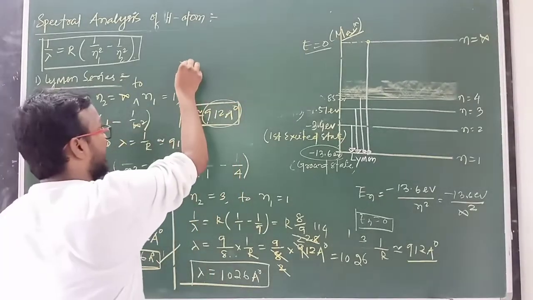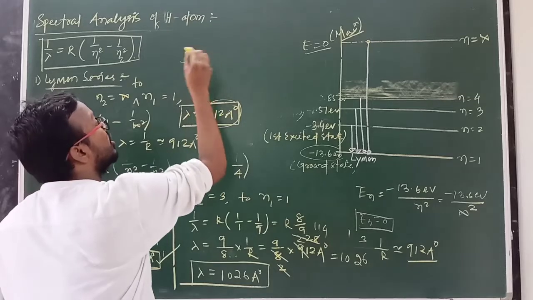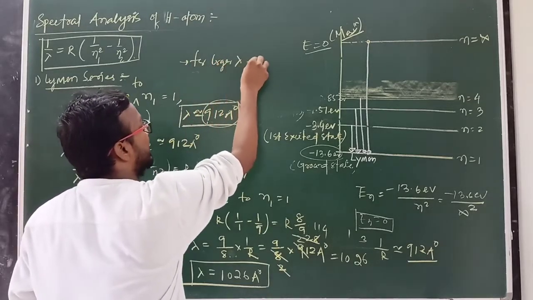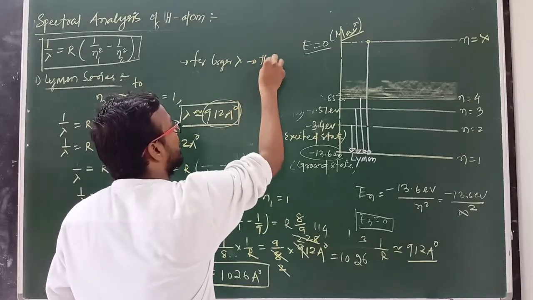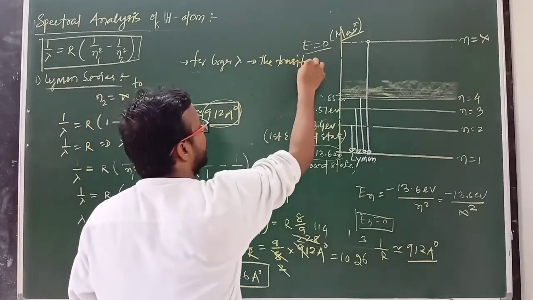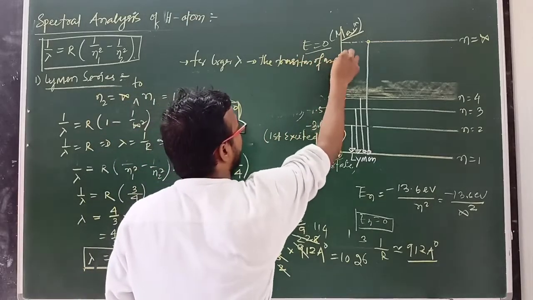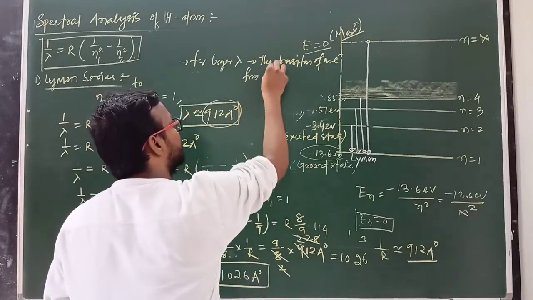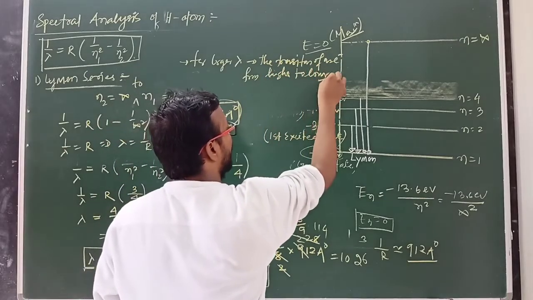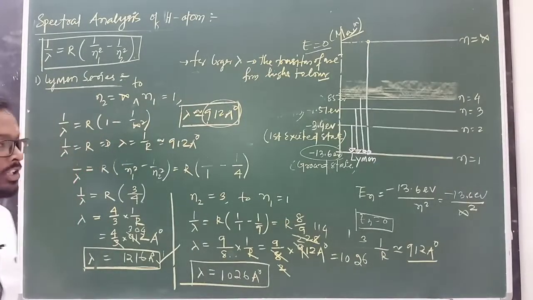So here we conclude that for larger wavelength lambda, the transition of an electron is from higher to lower. Clear? Okay.